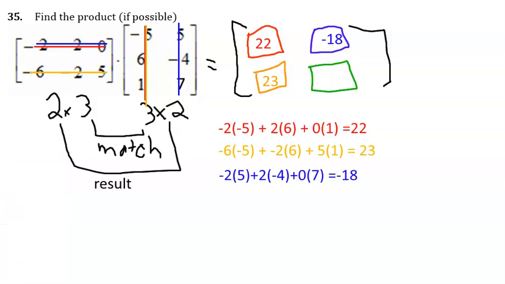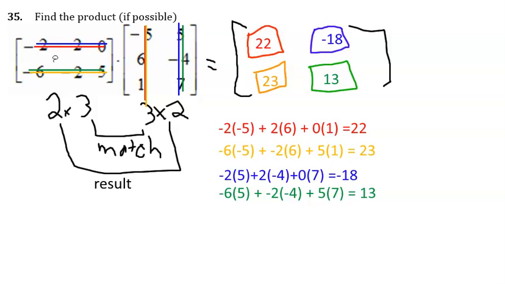To do that, we want to multiply the second row by the second column. We have -6 times 5 plus -2 times -4 plus 5 times 7. And you should get 13. So we'll write 13 in the box.